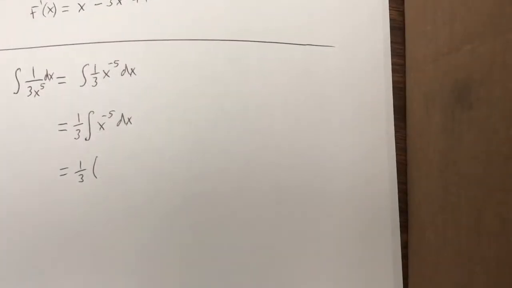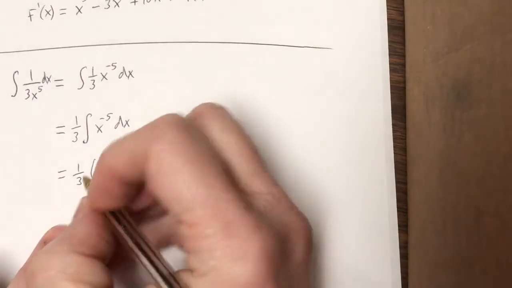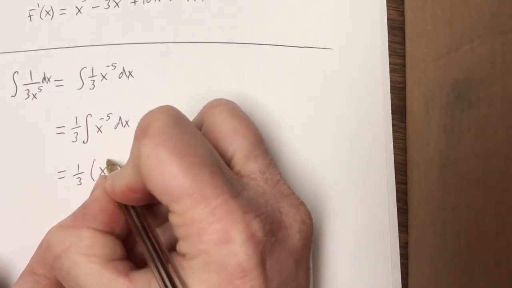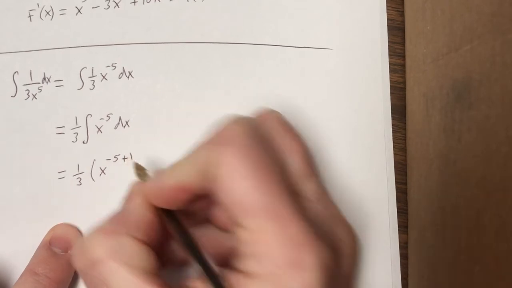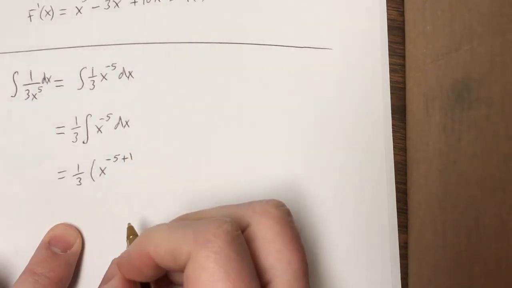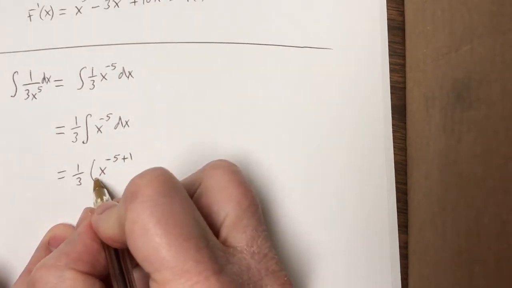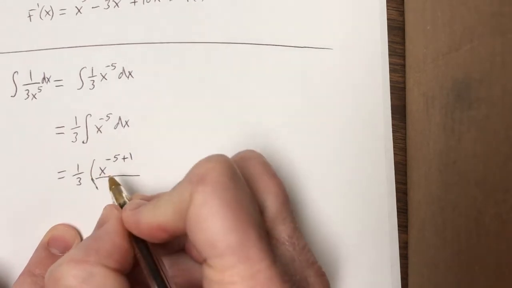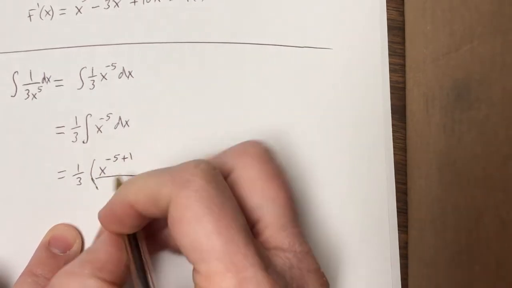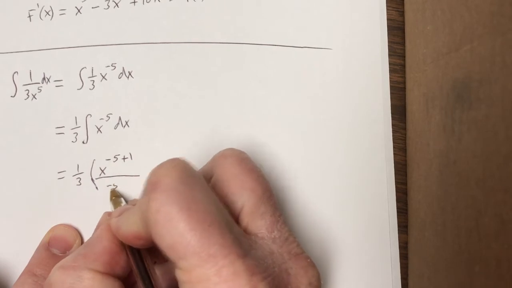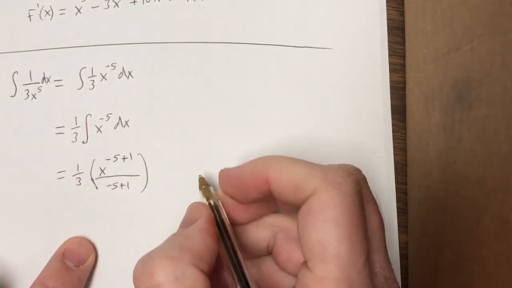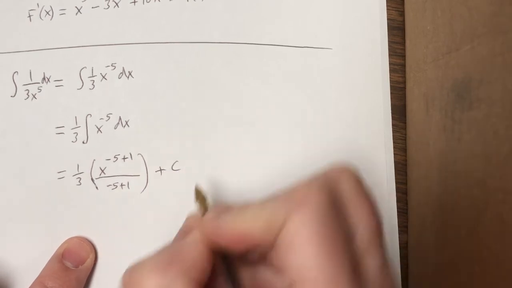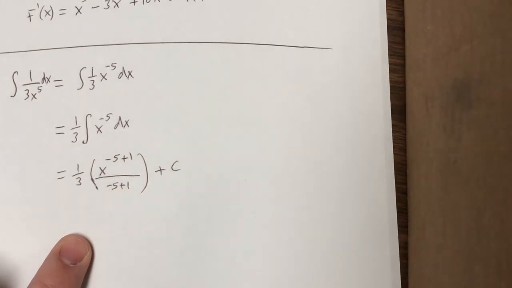What you're allowed to do is this. You're going to add 1 to the exponent, and then you're going to divide the whole thing by whatever this result is. So I'll go ahead and show you what really is going on. And then you're going to always add c to it like we talked about in a previous example.